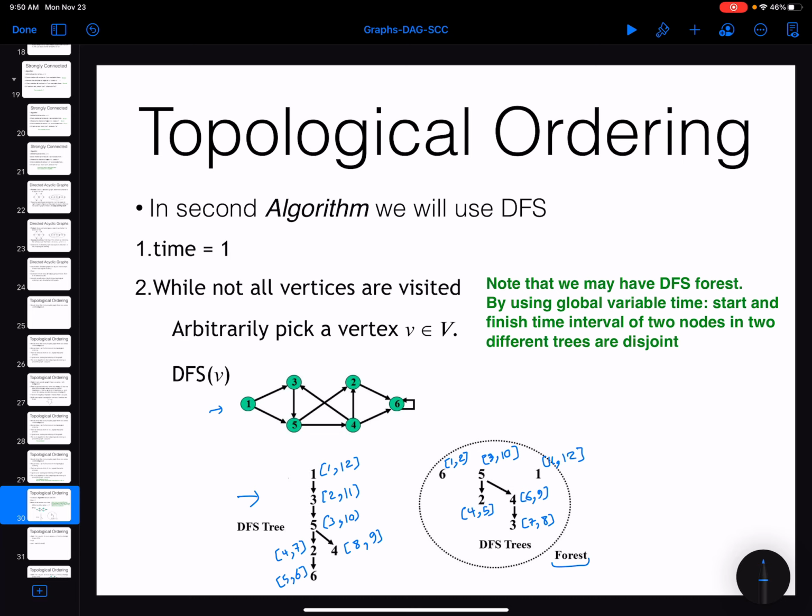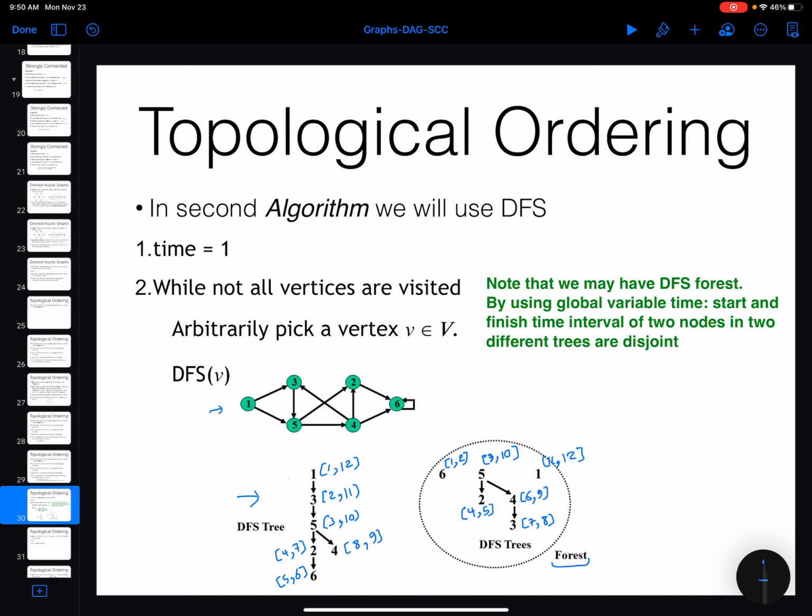So now you can see that the start-finish intervals for the result of DFS in two different trees or forests that we can get are completely different from each other.